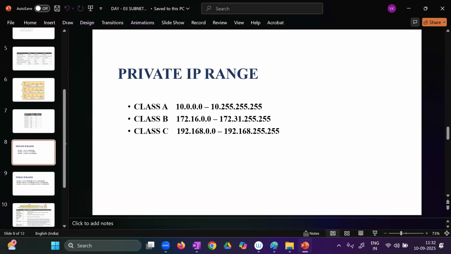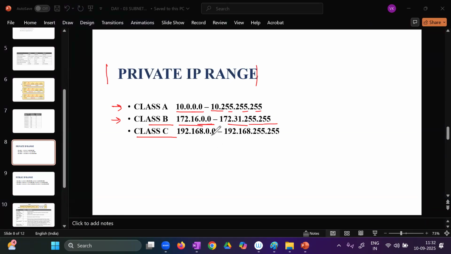This is regarding class A. For class A, the private IP range is 10.0.0.0 till 10.255.255.255. Then for class B, 172.16.0.0 and 172.31.255.255. For class C, 192.168.0.0 and 192.168.255.255.